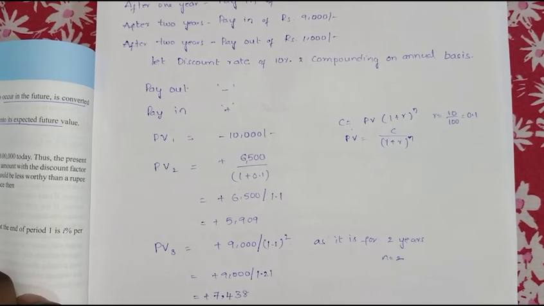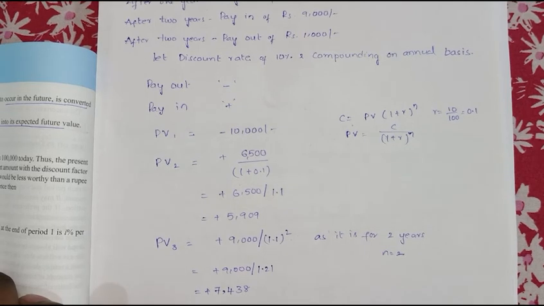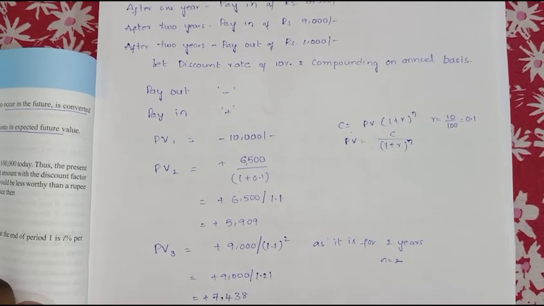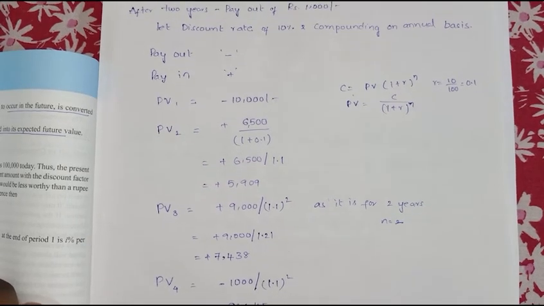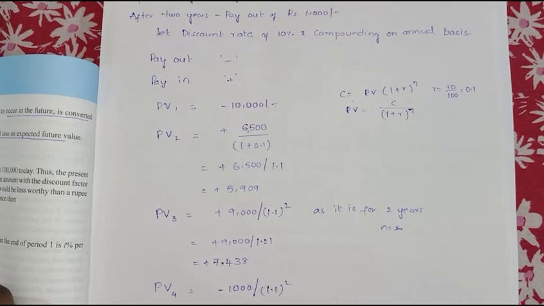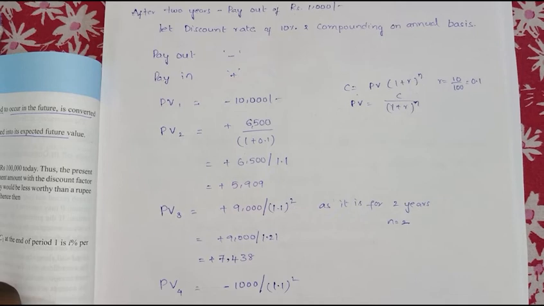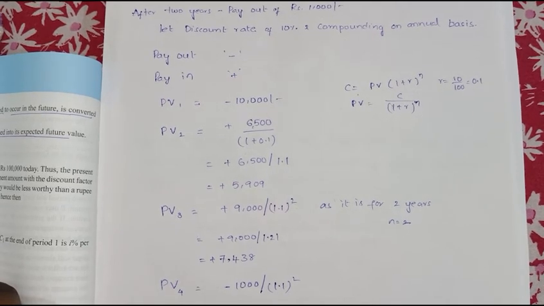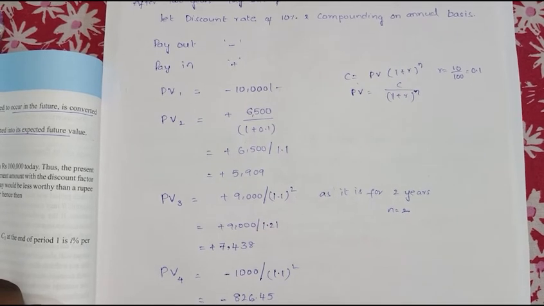So this will result in 6,500 by 1.1, which is nothing but 5,909. We need to remember it is a pay in, so the symbol is plus. Next, the third cash flow PV3, that is 9,000 rupees, which is a pay in, so the symbol is plus: 9,000 by 1.1 whole power 2. So this will result in 7,438, which is a plus symbol.